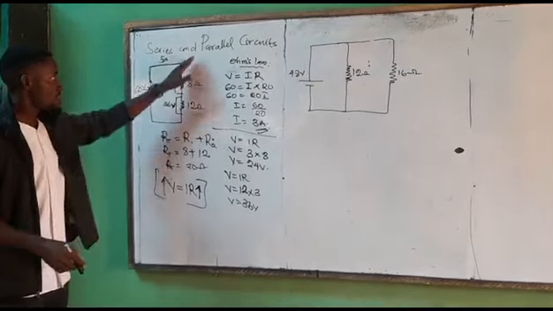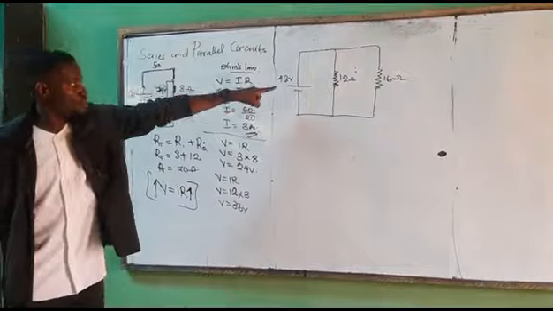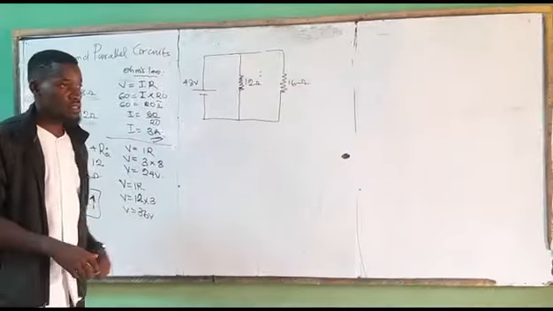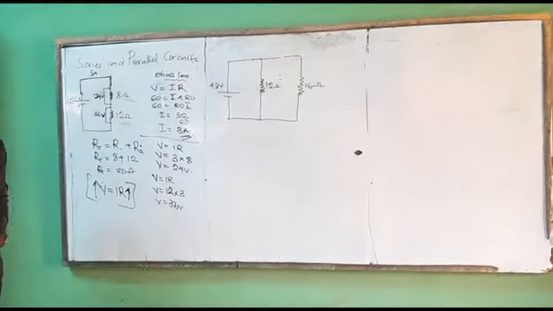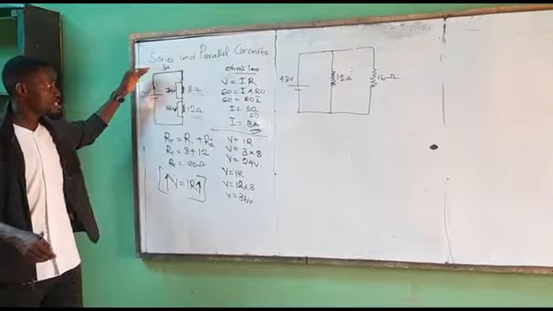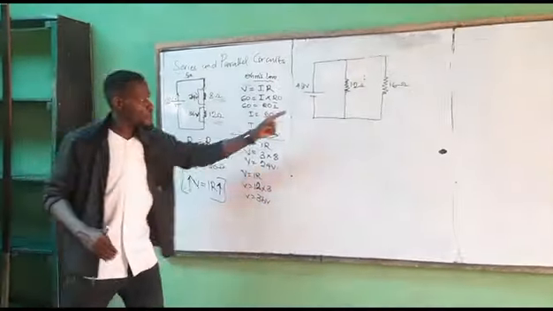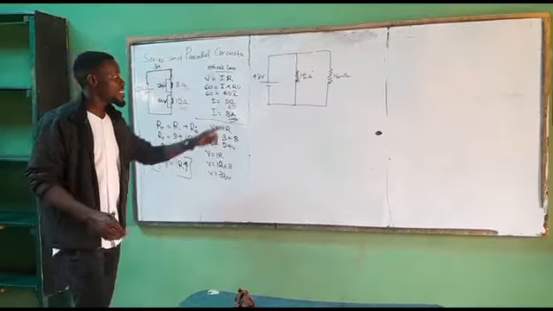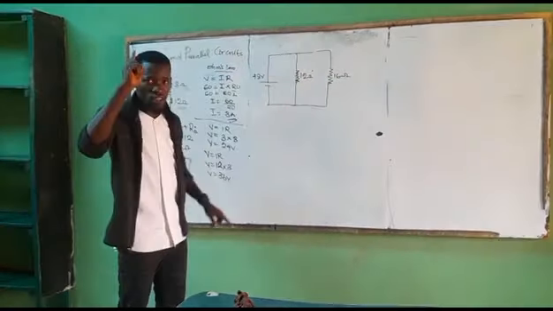Alright. So that's for the series. Now let's come to the parallel connection, the parallel circuit. Now how do you differentiate between a series circuit and a parallel circuit? The difference is that series is end-to-end connection, while parallel is side-to-side connection. That is, the current does not flow in one path.